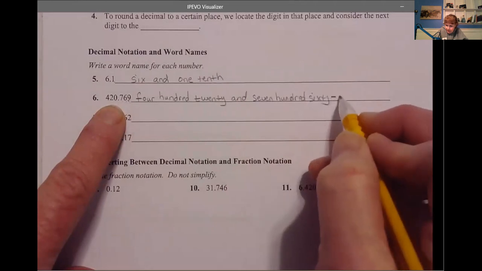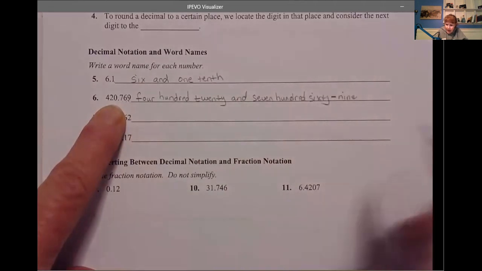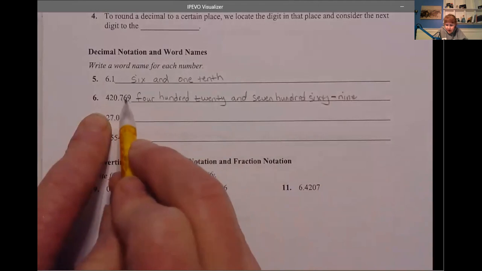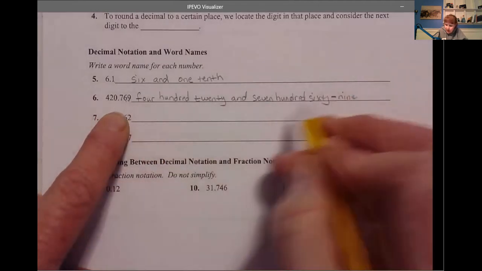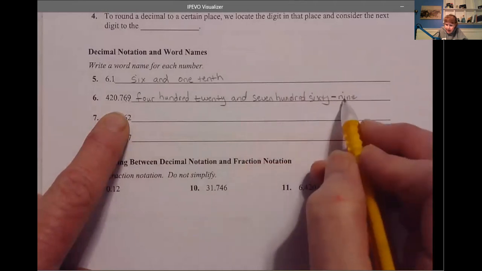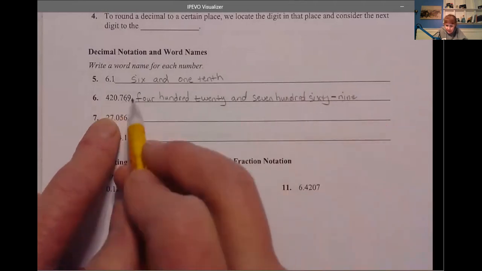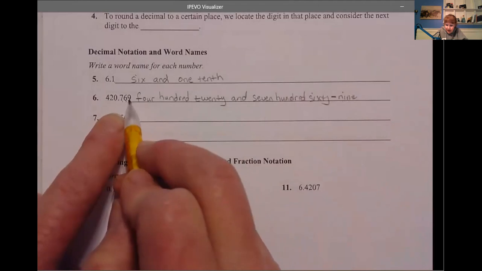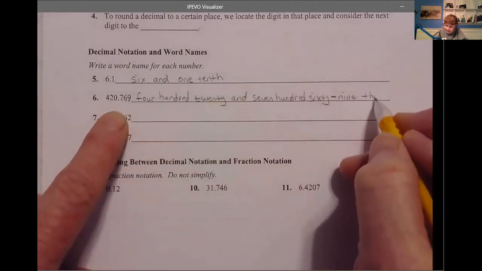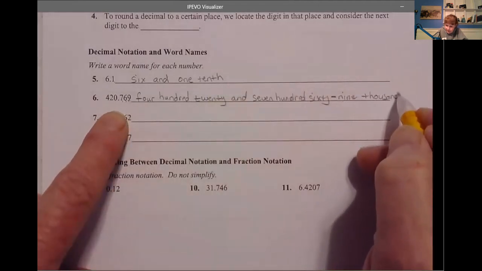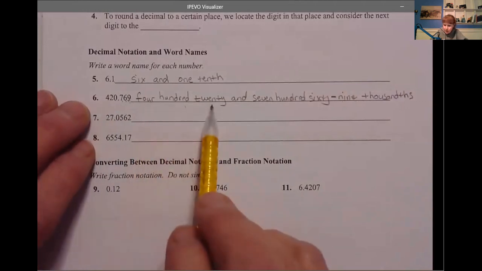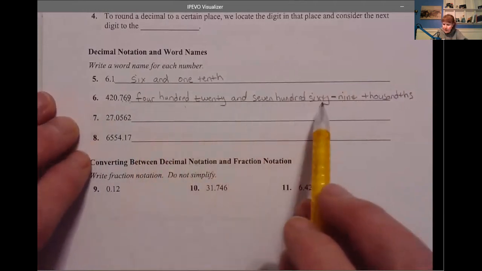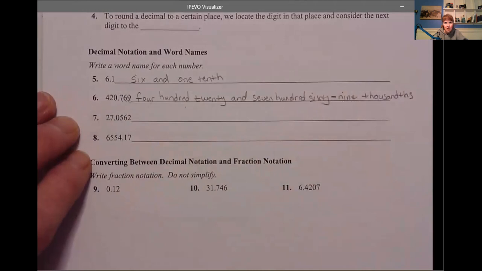This is in the tenths, hundredths, thousandths. So 769 thousandths. Don't forget the THS, it matters, okay? So 420 and 769 thousandths, no problem.